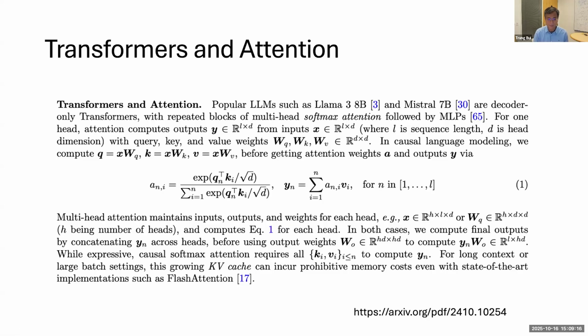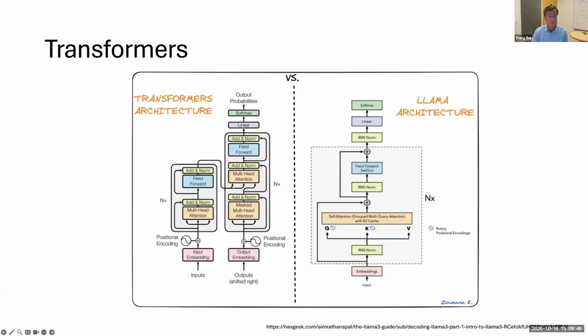For long context and large batch settings, usually people use a technique called KV cache to store the values in order to handle the sequence length of the input at inference. And this will be a problem even with the state-of-the-art implementation, Flash Attention.